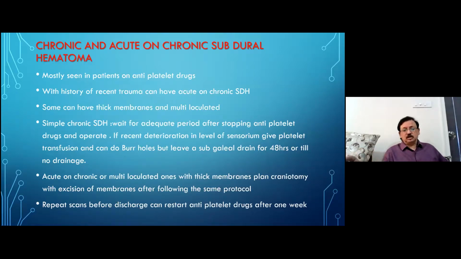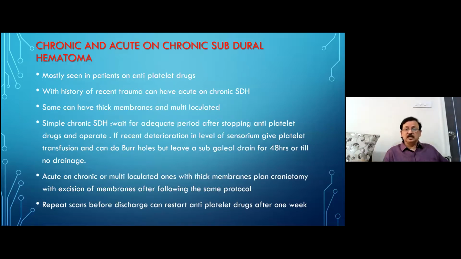Also, acute and chronic multiloculated subdural hematomas require a craniotomy. Plan a craniotomy. The entire protocol has to be followed for reversal, and then surgery can be done by excising the membrane. At times, these patients are so old and have so many comorbidities that you may have to do it under local anesthesia.